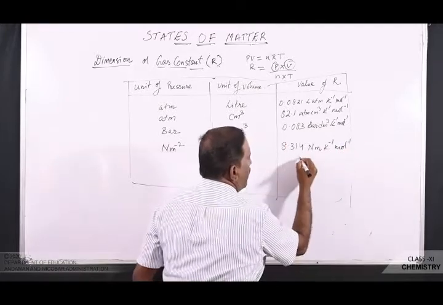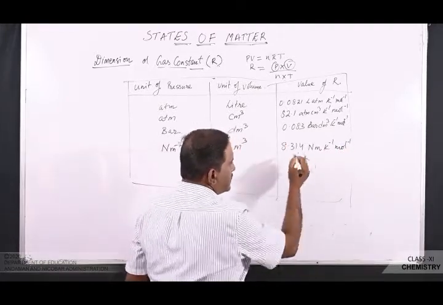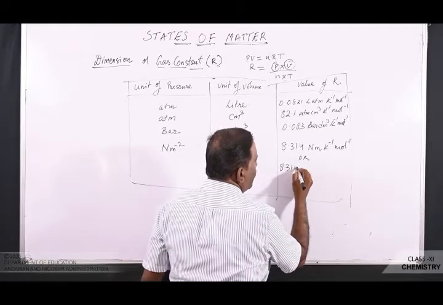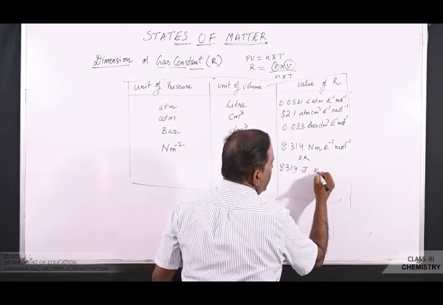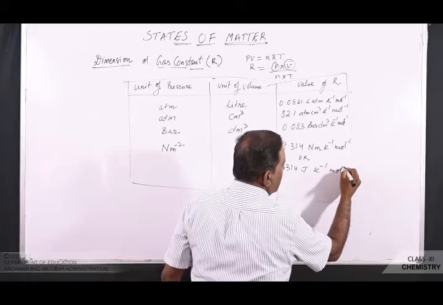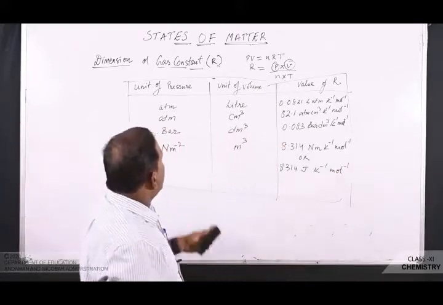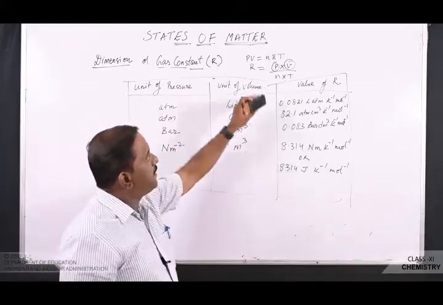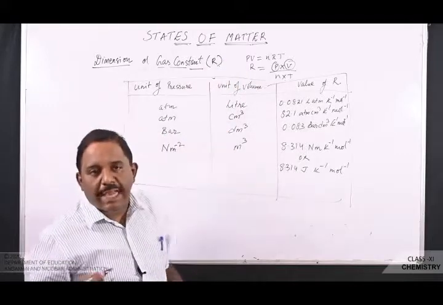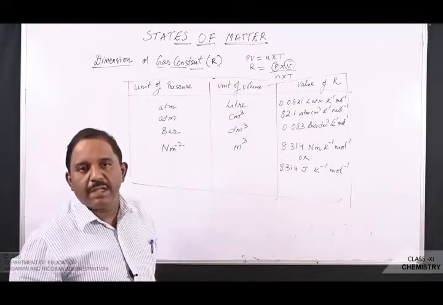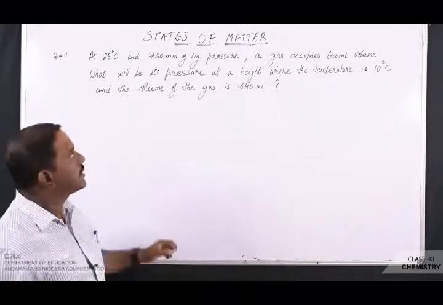Or it can be written as 8.314 joule K inverse mole inverse. Okay, students. So these are the different values of R that will be used when we do the numerical problems. Now students, let's see a question.